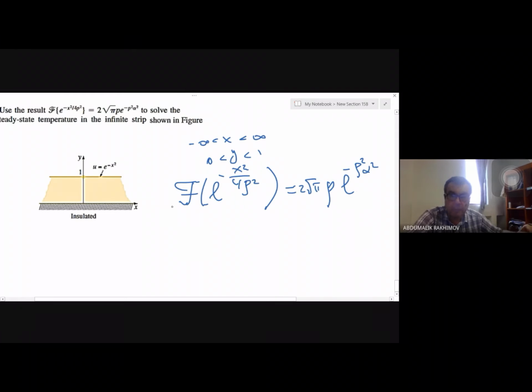They give this formula and say use this formula to solve this problem.